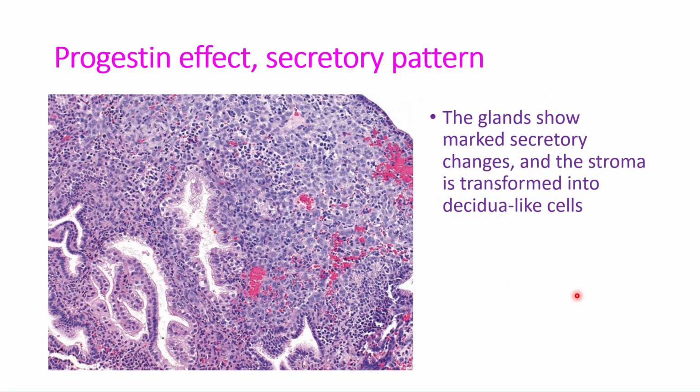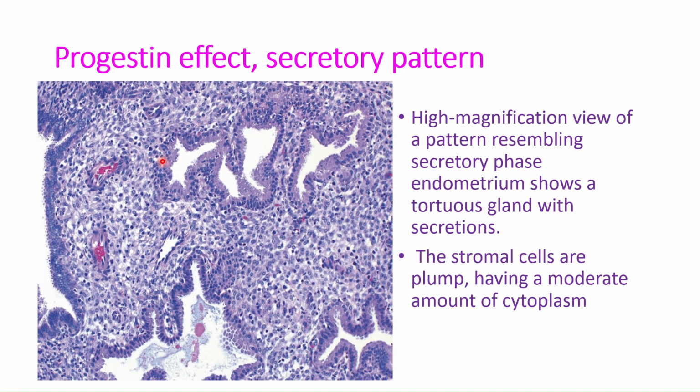of the normal cycle. Now, in the secretory pattern here, we can easily appreciate dilated and tortuous glands showing vacuolated cytoplasm and luminal secretion, so showing secretory activity with decidual-like cells of the stroma. So this is the secretory pattern.